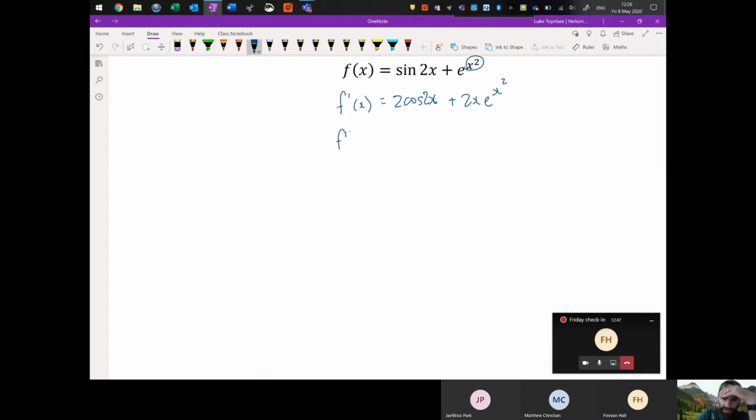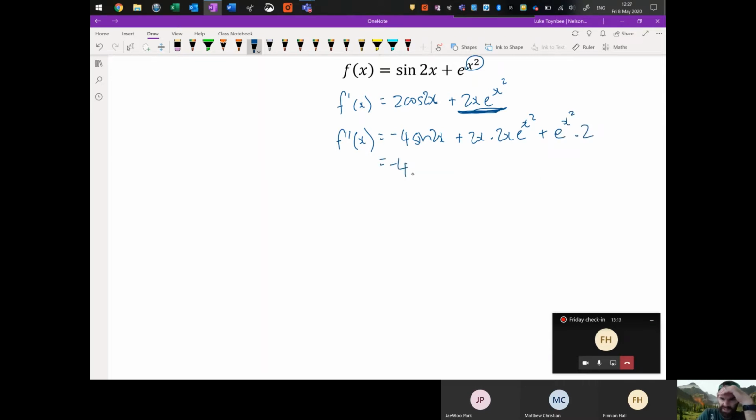And then when I differentiate that a second time, that becomes negative 4 sine 2x, I believe. And then this here is now a product. So you write down the first, differentiate the second, plus write down the second times the differential of the first.